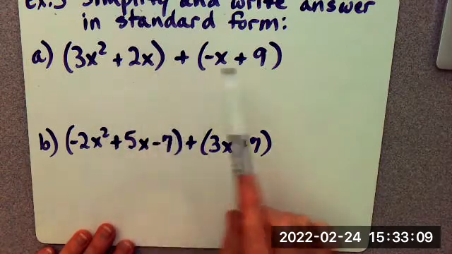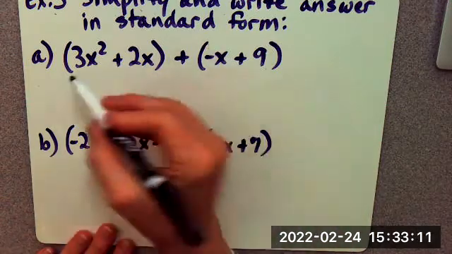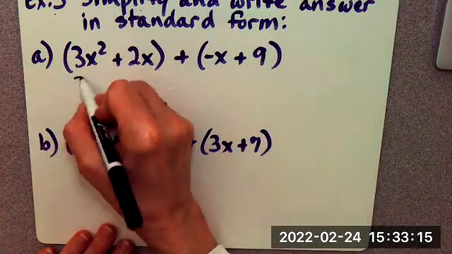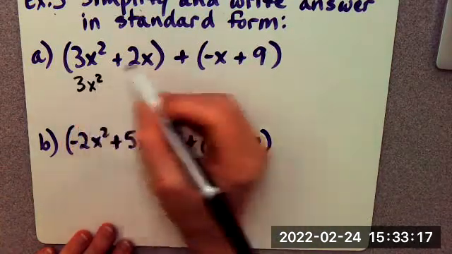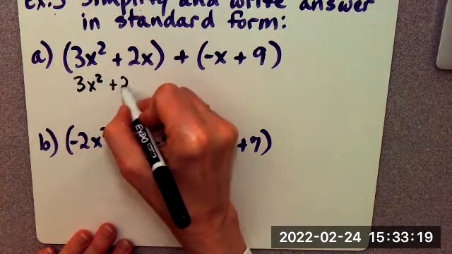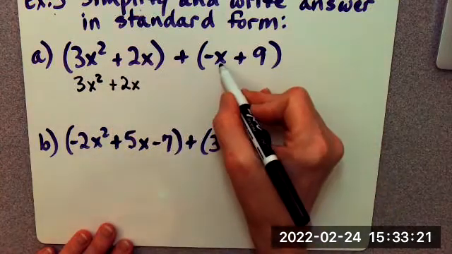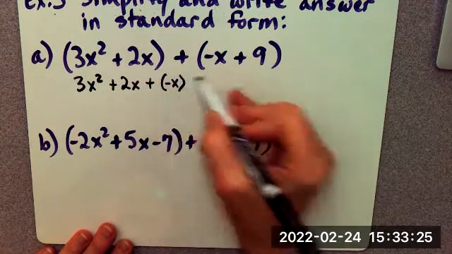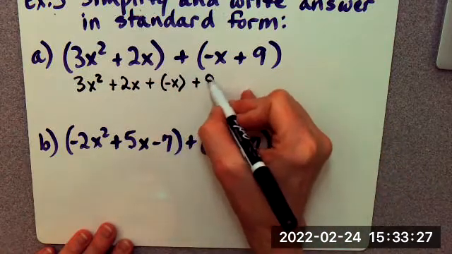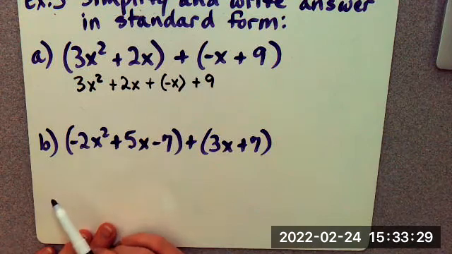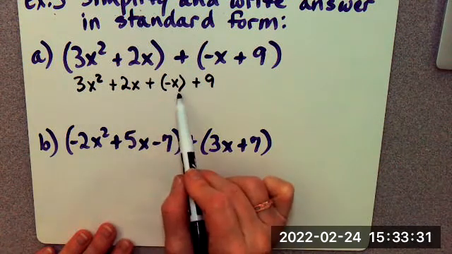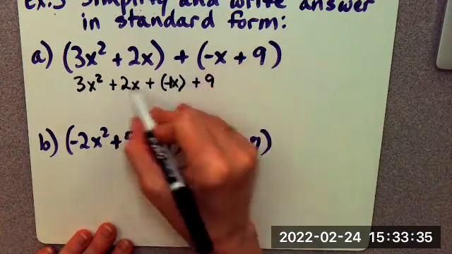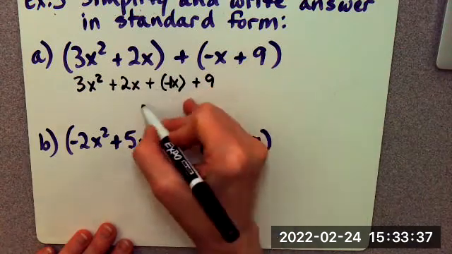So we're adding two different binomials. So let's start putting them together. So there isn't an x squared term except for 3x squared. We have plus 2x, and then we have plus a minus x, and then plus 9. So the only two terms that are alike are the 2x and the minus x, and that's really a minus 1x. So 2 minus 1 is just 1x.